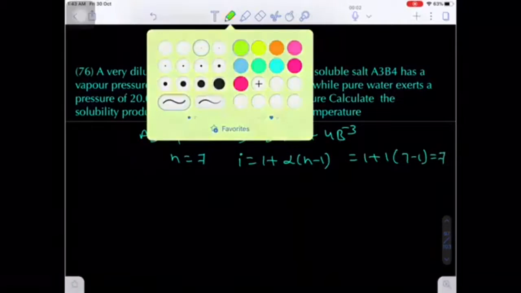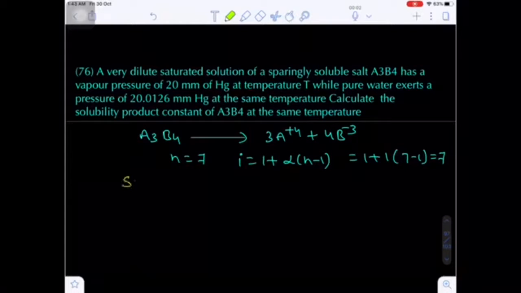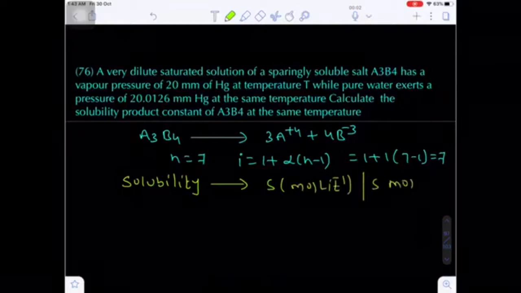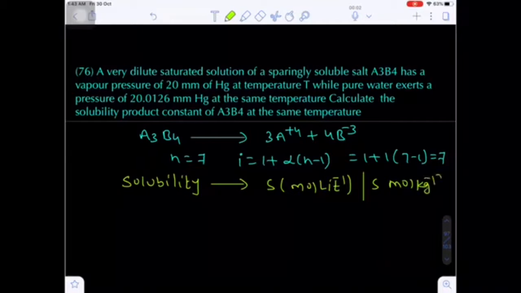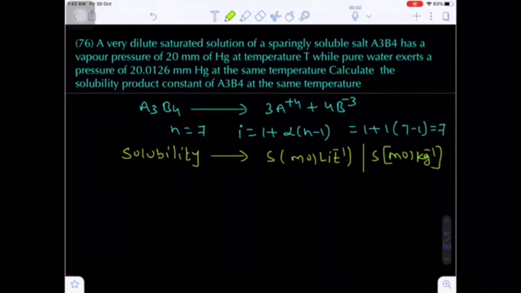After getting the iota van't Hoff factor, for the solubility, in the previous case we considered S moles per liter, otherwise we can consider it as moles per kilogram, molality. Sometimes we can say molarity also, because density is not given.